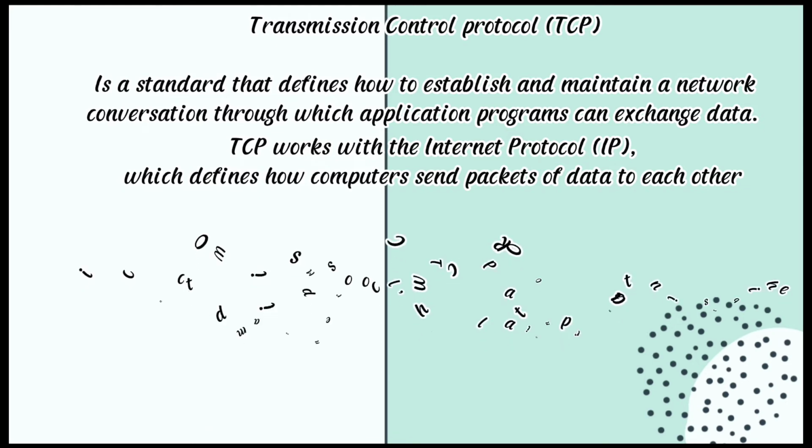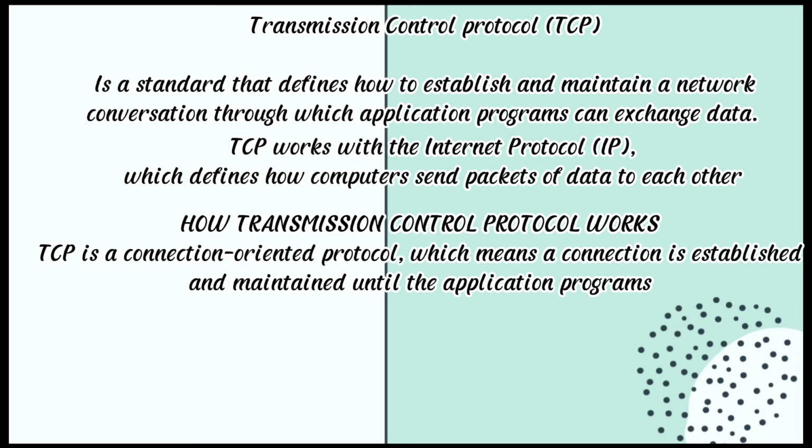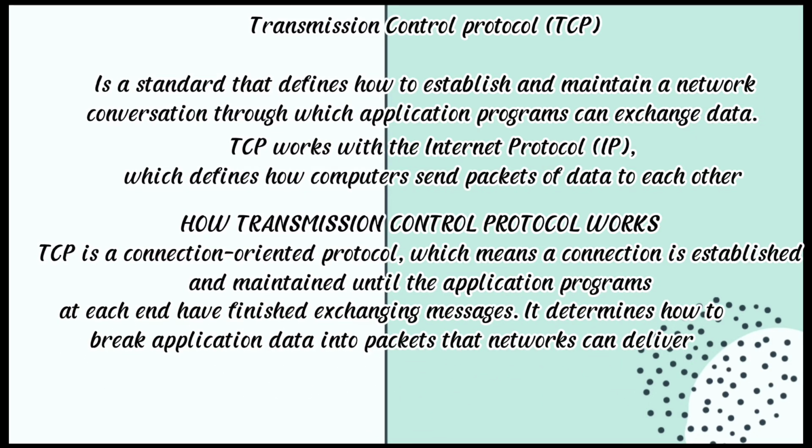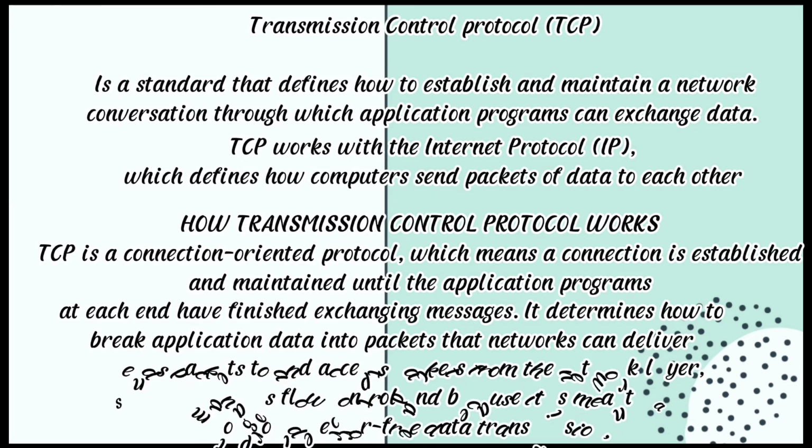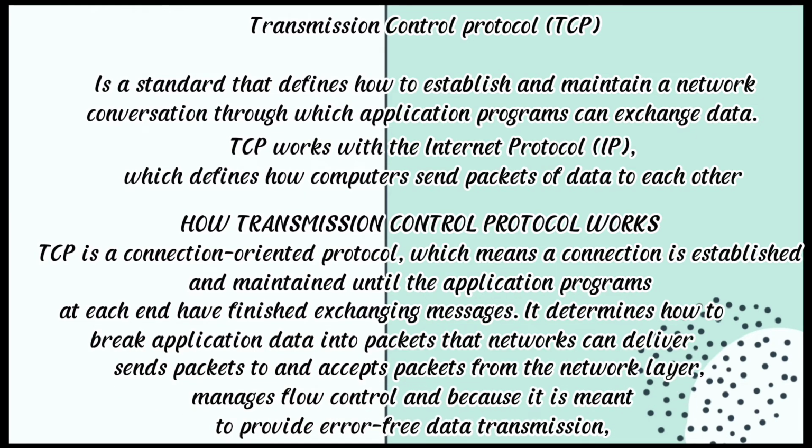How Transmission Control Protocol works: it is a connection-oriented protocol, which means a connection is established and maintained until the application programs at each end have finished exchanging messages. It determines how to break application data into packets that networks can deliver, sends packets to and accepts packets from the network layer, manages flow control, and, because it is meant to provide error-free data transmission, handles retransmission.